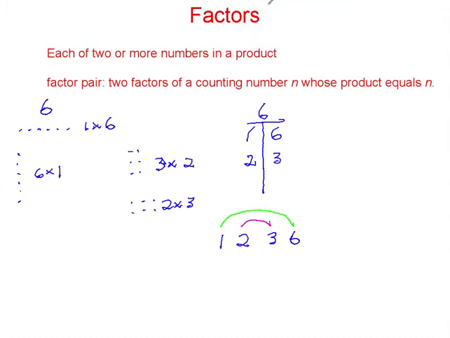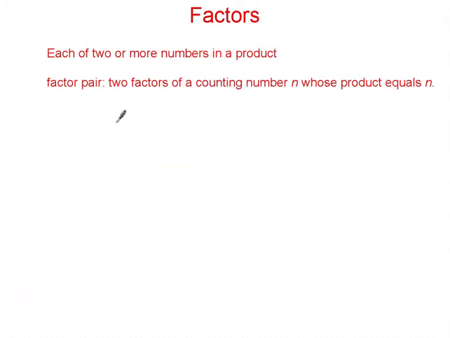So let's do one more example, and let's do 20. I'm not going to do the rectangular arrays for this. 20 is kind of a big number to do that with. So starting off, 1 times 20 is a factor pair of 20.